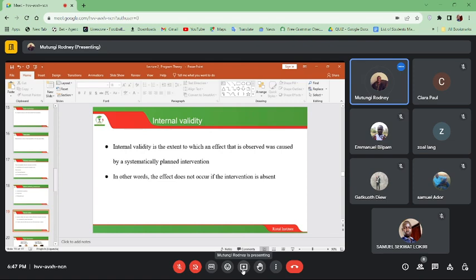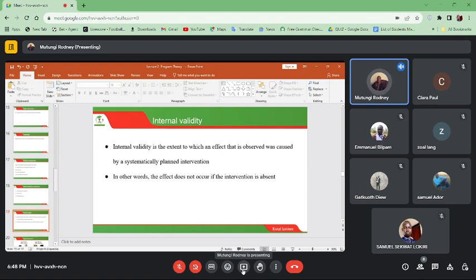Going on with how we can do evaluation, we can also use a technique called internal validity. Internal validity looks at the extent to which an observed effect was caused by a systematically planned intervention, or your program.